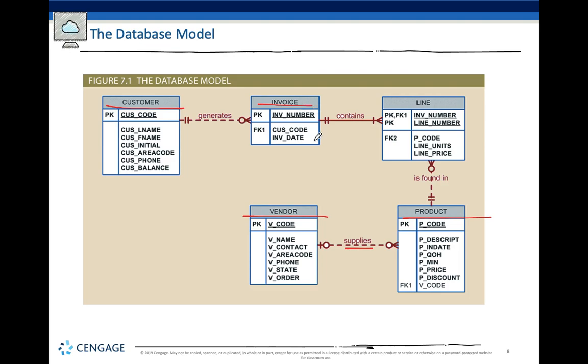So we have the invoice table as well. And an invoice can contain many line items, right? A product can be found in many line items, and so on. So, a fairly easy to understand database model.